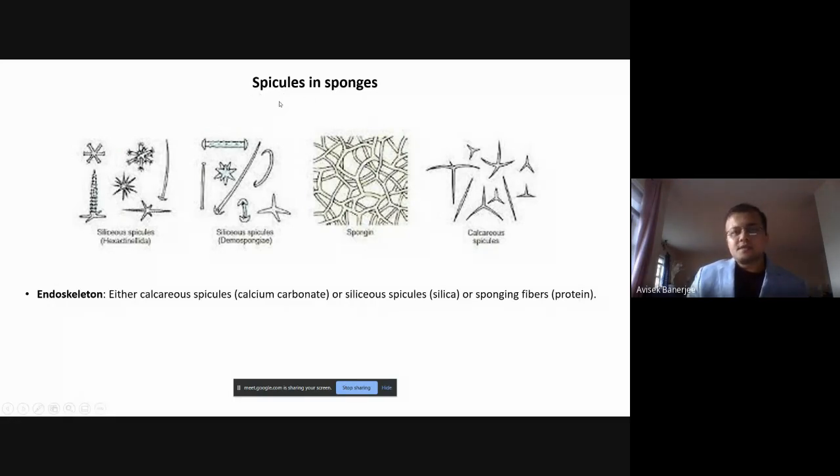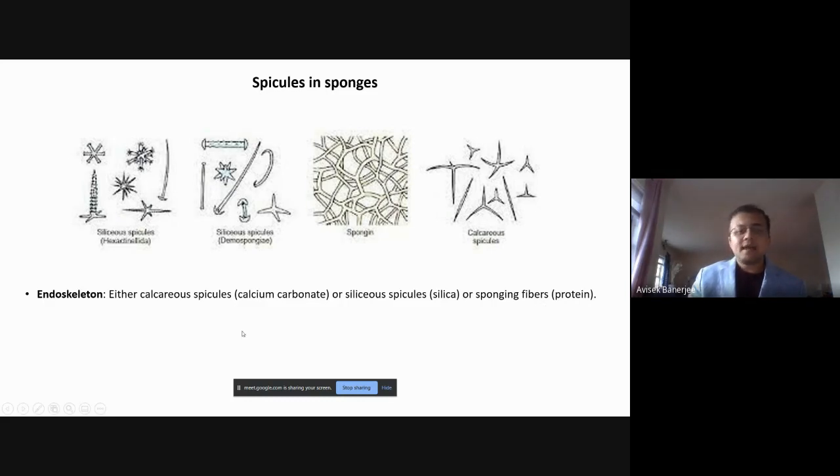Now, the spicules in sponges could be structurally different shapes and sizes. Mostly the shapes are different, and by composition, they could be made up of calcium carbonate, silica, or protein.